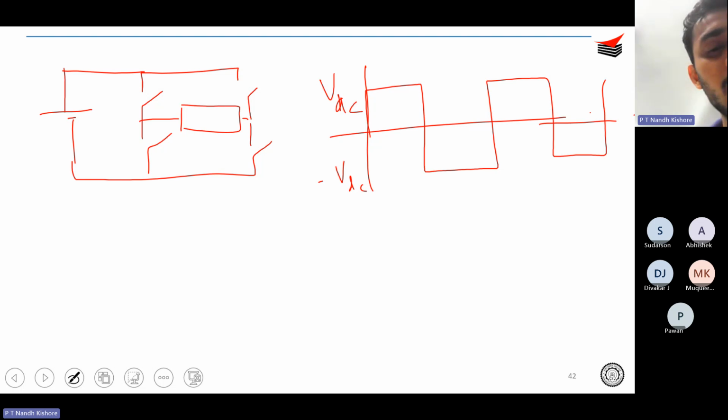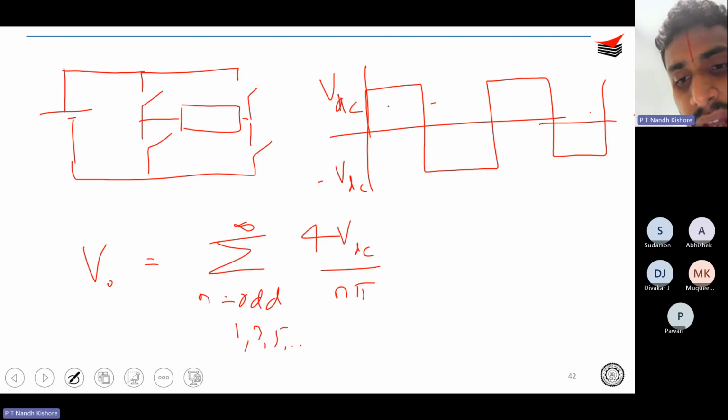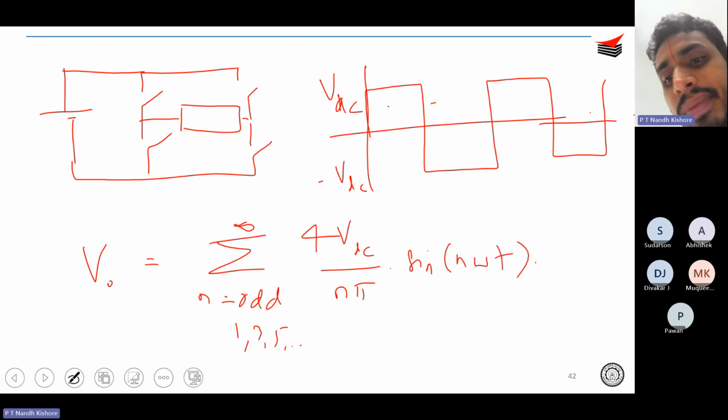So what is the RMS value of this? This square wave can be written as V naught equals sigma n equal to odd, 1, 3, 5 to infinity, 4 VDC by n pi, sine n omega t. Correct? So this will be your V naught.